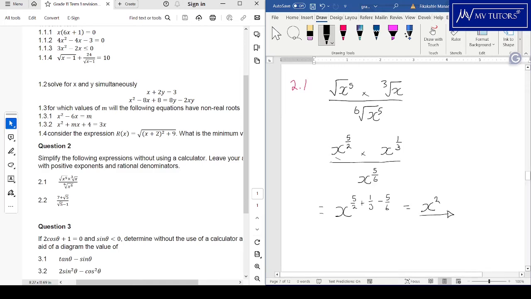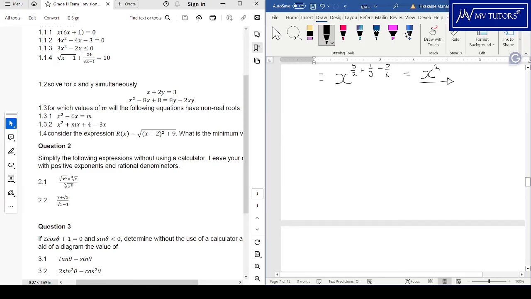Let's go to the next question then, which is 2.2. Now, 2.2 says 7 plus square root of 5 over square root of 5 minus 1. Well, I hope you remember what to do here, and it's called rationalizing the denominator.